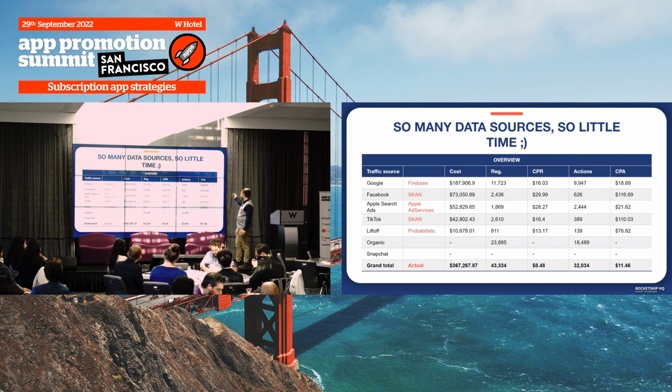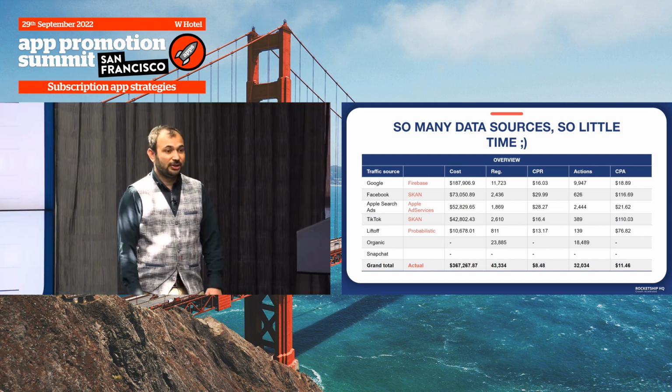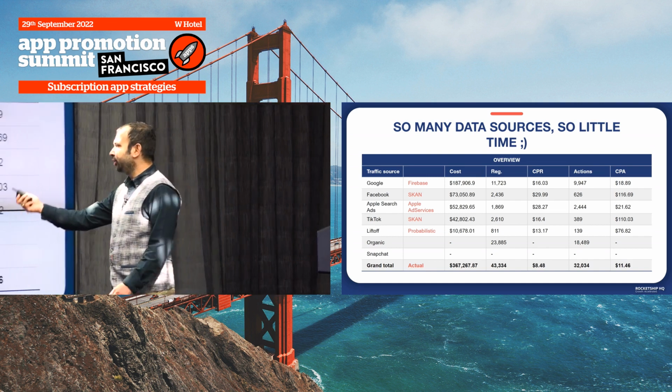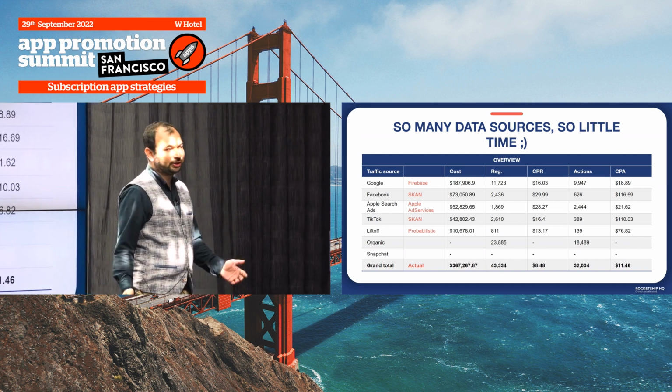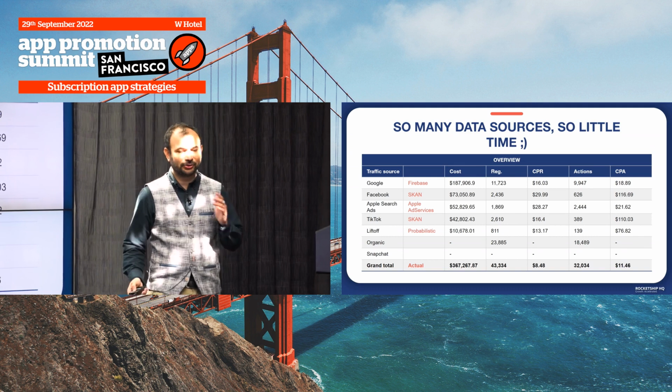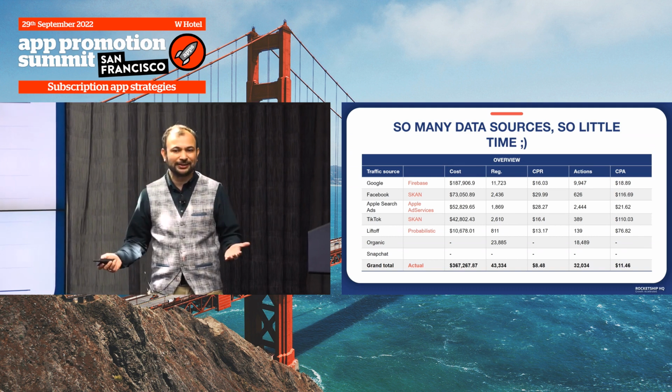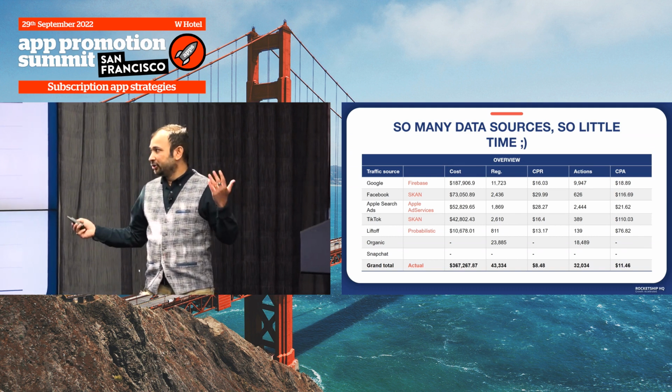The CPA says 116, 21, 110. You can't have one source be like 6 times the other, right? That's what happens because you're comparing completely different sources. You're just not going to be able to say which one's doing better, which one's doing worse. This is the problem and challenge that I see literally every app marketer facing on iOS lately.